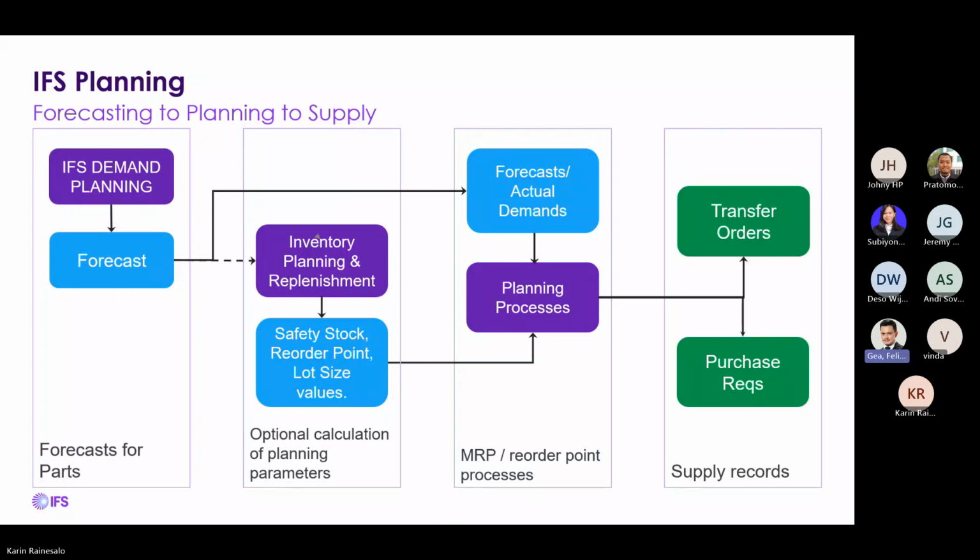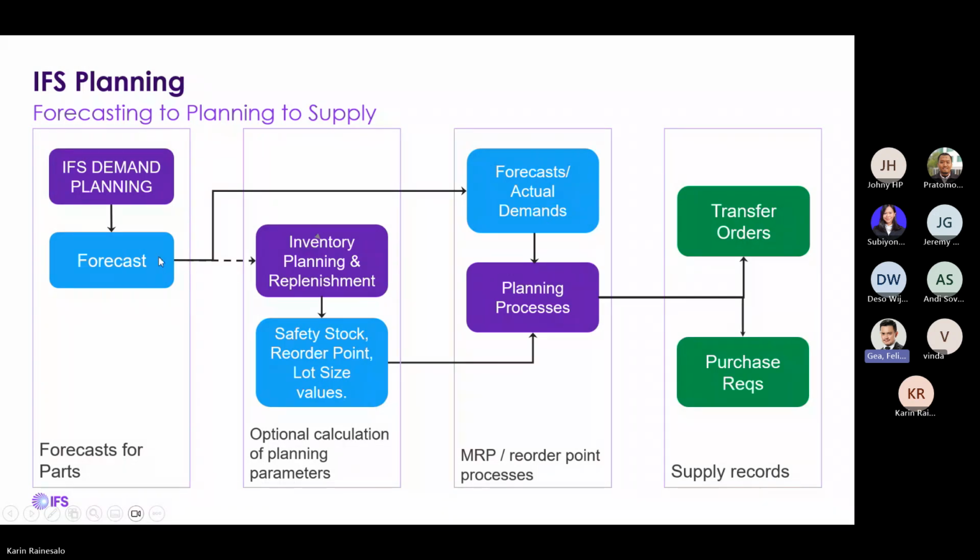So in our first column here, the forecast for parts, we have a tool, IFS demand planning, that we're going to go take a look at. It's a statistical forecasting tool, and it's going to create predictions about what the system thinks you're going to need going forward based on your historical use. And that can feed into some of our planning processes.